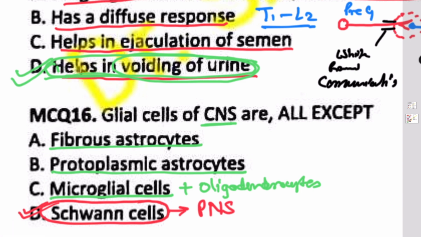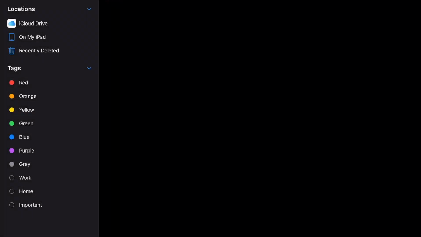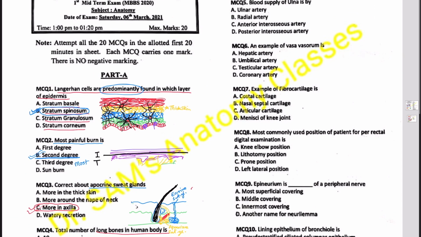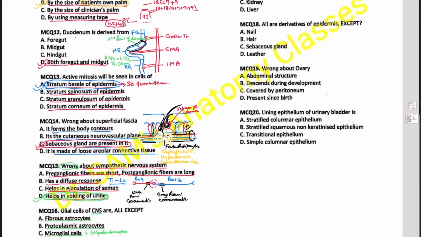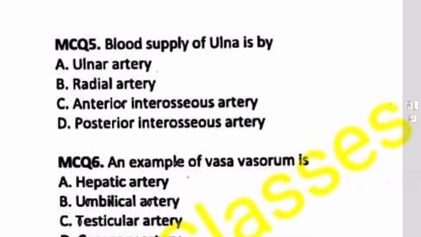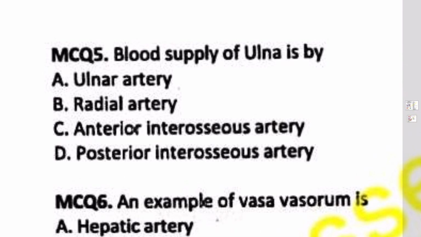Next question is question number, oh, I was going randomly, that means okay. Question number 5: blood supply of ulna is by.